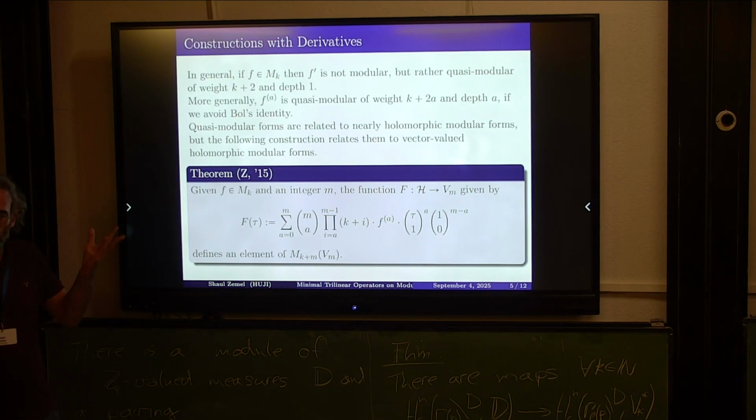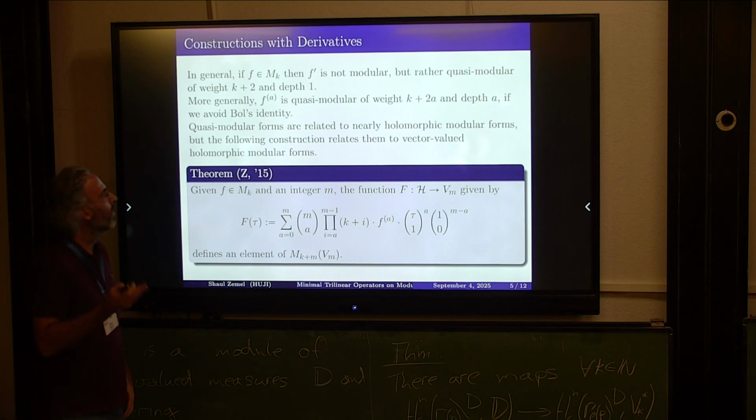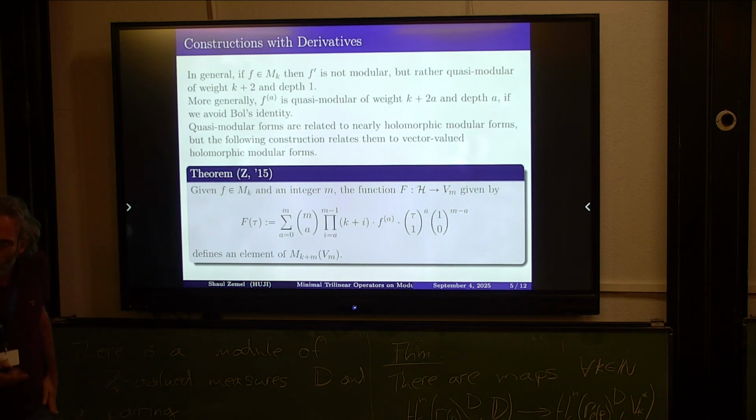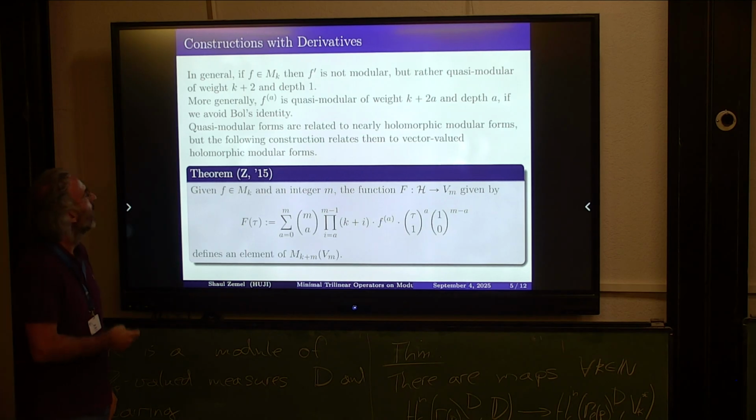So what happens with derivatives? In general, derivatives of modular forms are not modular forms, but rather objects called quasi-modular forms that I don't want to define because I'm going to plug them into something different.